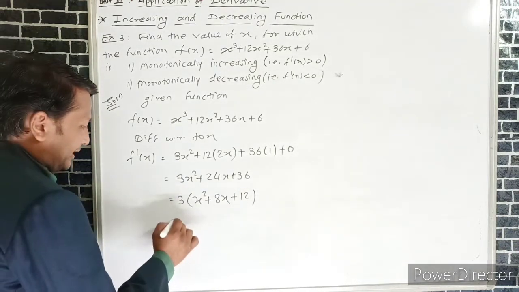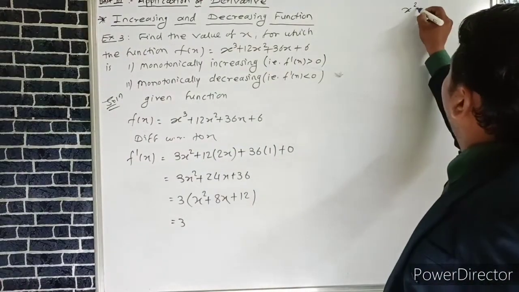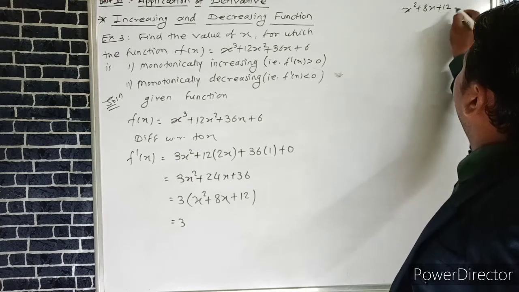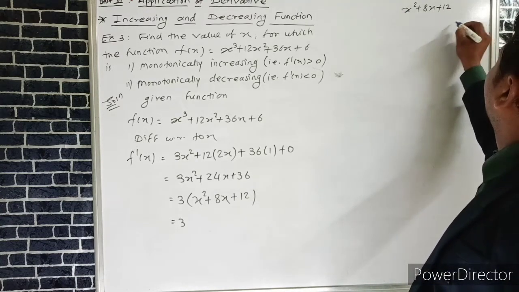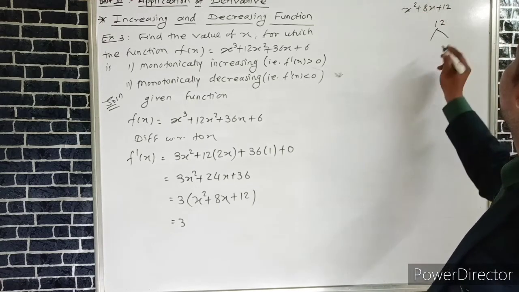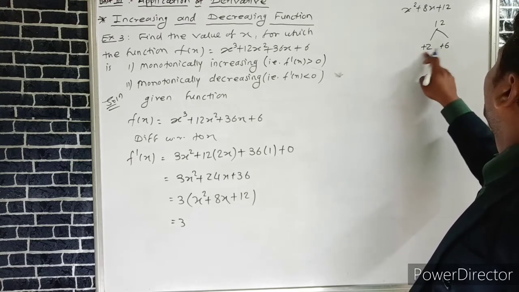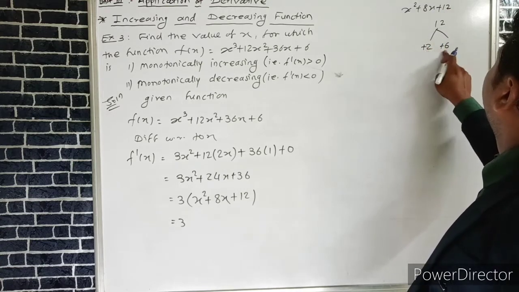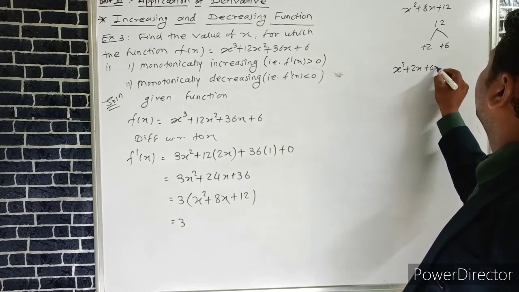The factors of 12 are 2 into 6, and 2 plus 6 is 8, so we write x square plus 2x plus 6x plus 12.